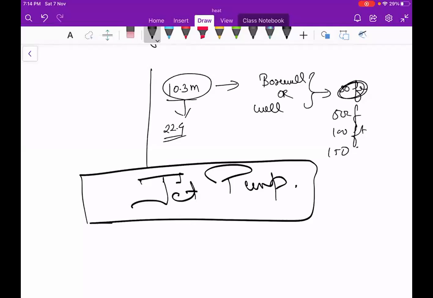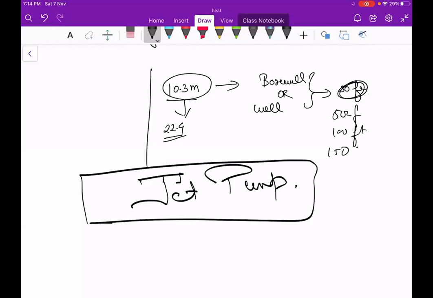Which one will be easier to give the dosing, smaller one or larger one? You can just imagine. Obviously the smaller one will be easier. So that is the point, how we can handle an amount of fluid.